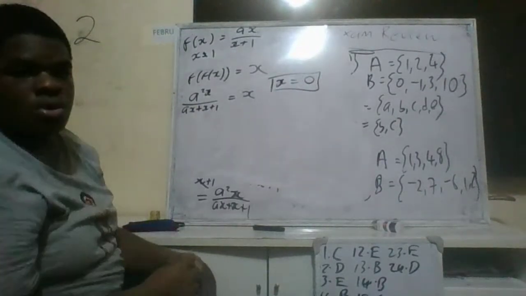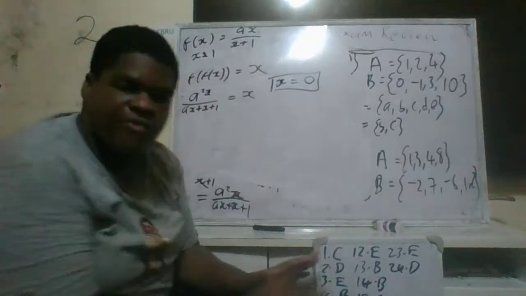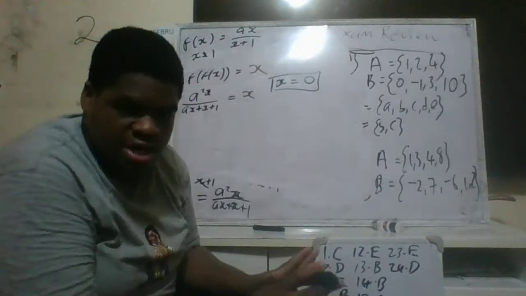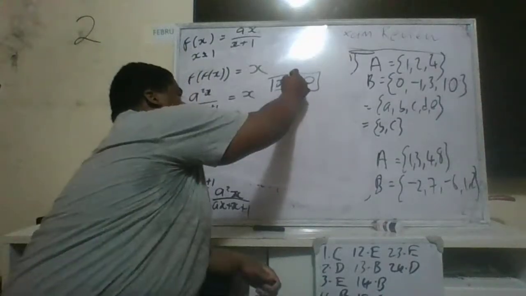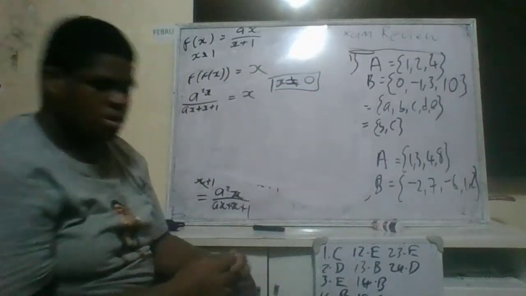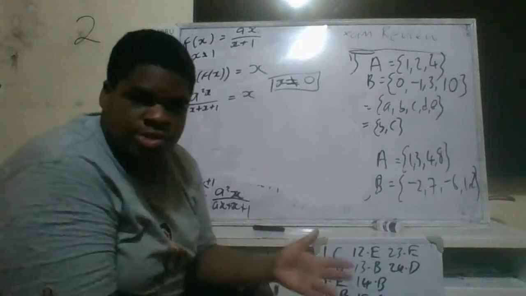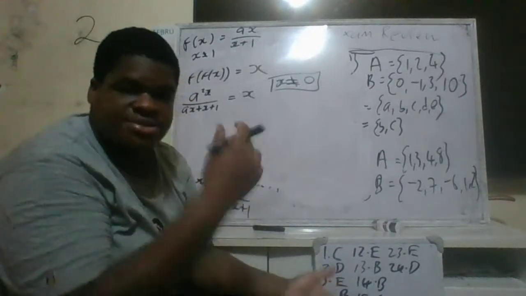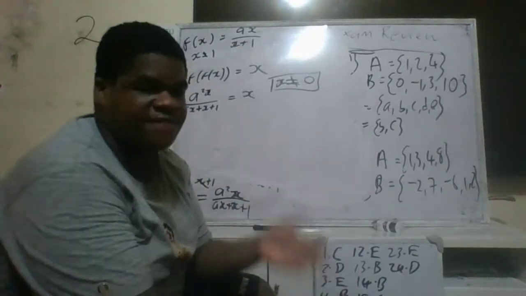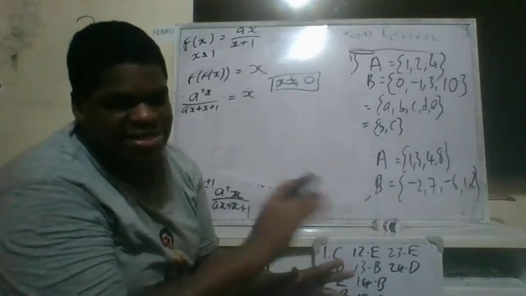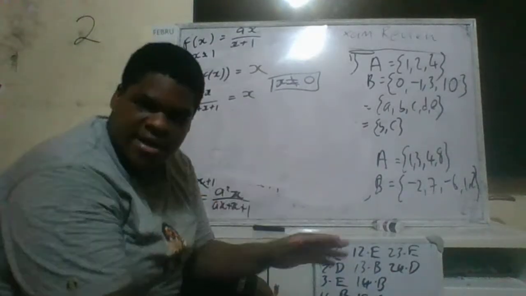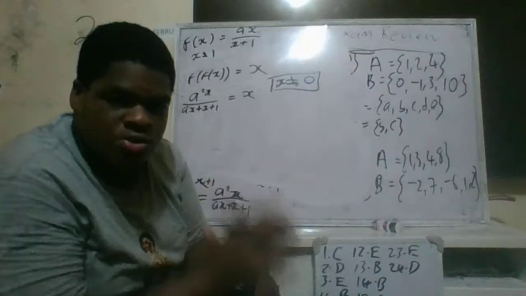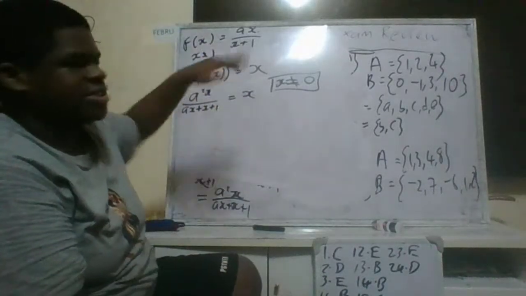If x is equal to 0, no matter the value of a, they will be equal to each other. So we first of all have to specify that x is not equal to 0. Because as I said, if x is equal to 0, even if a is 2, 3, 4, 20, or almost infinity, no matter the value of a, as long as x is equal to 0, f of f of x is equal to 0.